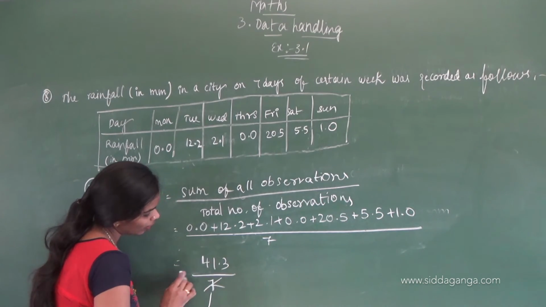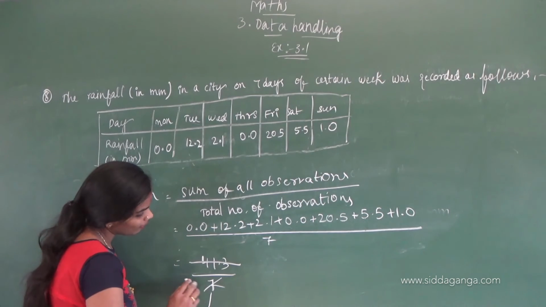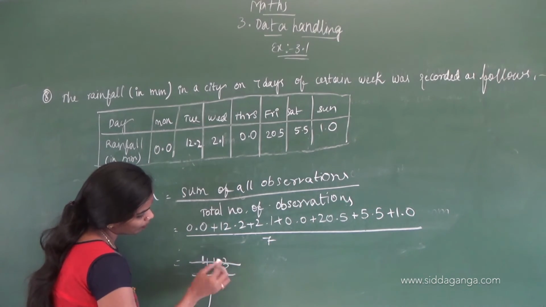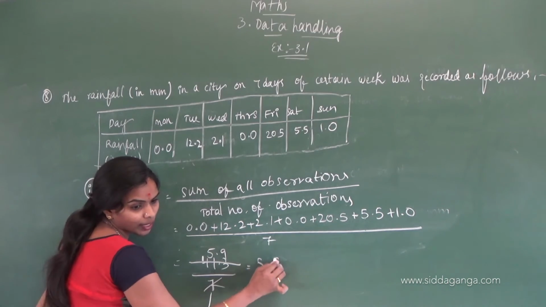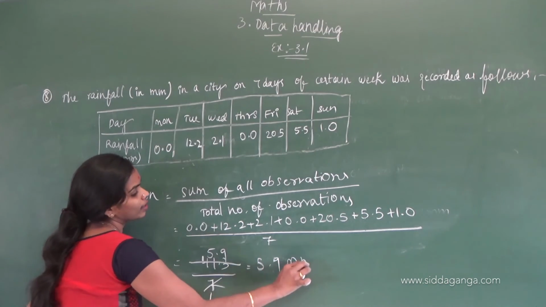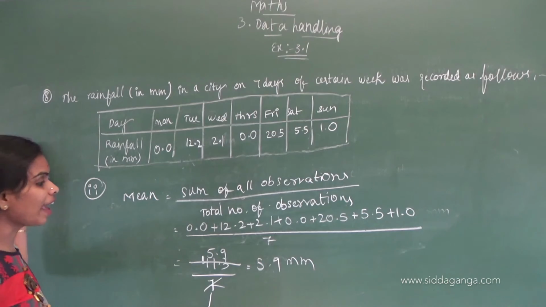Ones are 35. 5.9 is the mean of the rainfall given above.